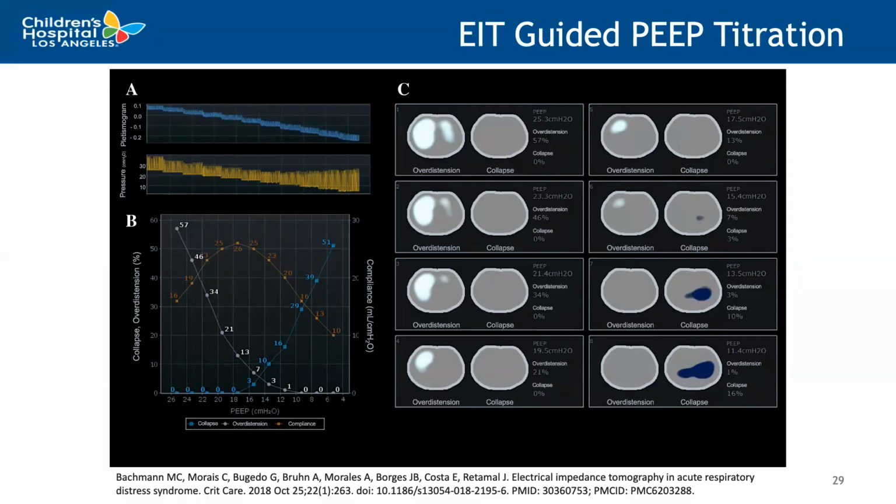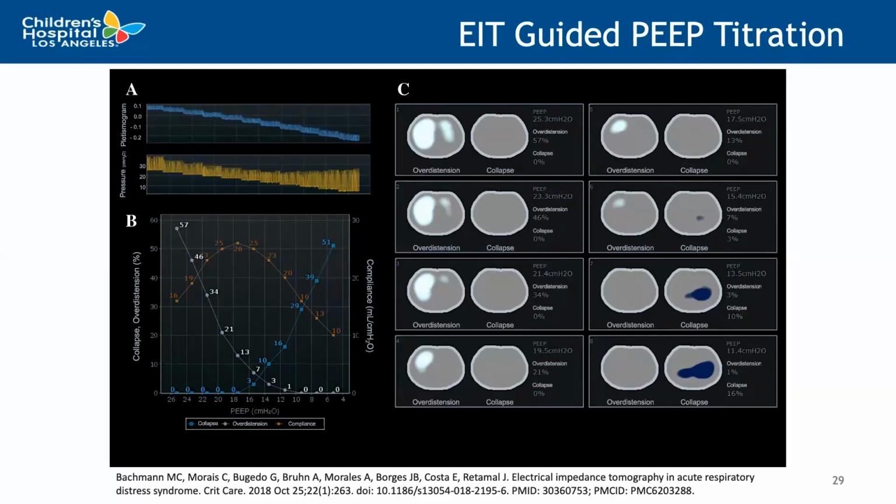For the tool itself to work well, there needs to be at least 6 steps for it to get a true pattern of what is happening. So this technique and the device itself takes into account what's called the crossing point technique. This was defined by Dr. Costa out of Brazil, and this defines the ideal PEEP as one that is, again, matching overdistension and collapse.